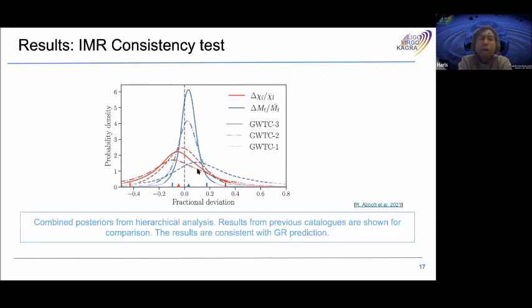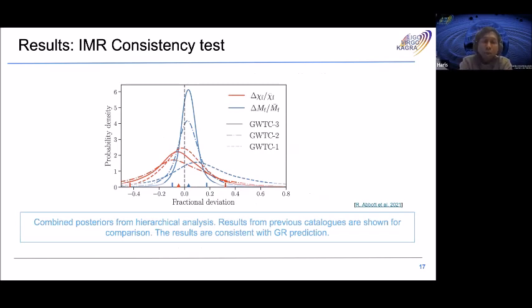So we further combine these results with the results from the previous analysis. And in the figure, what we have is the histograms of the combined results. Those are represented by the solid blue and red histograms.